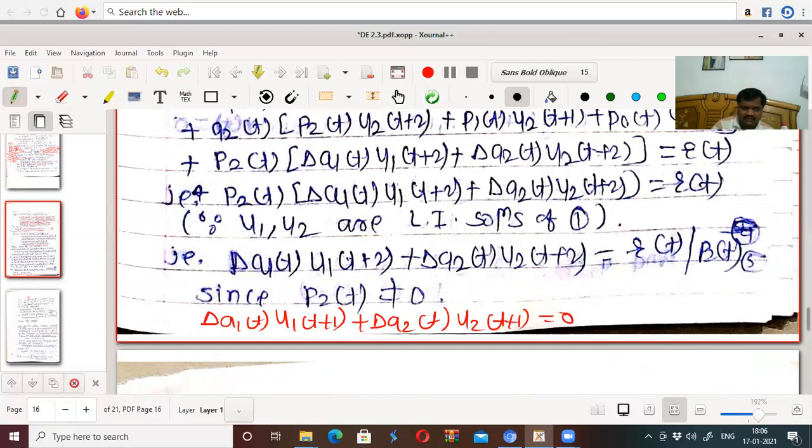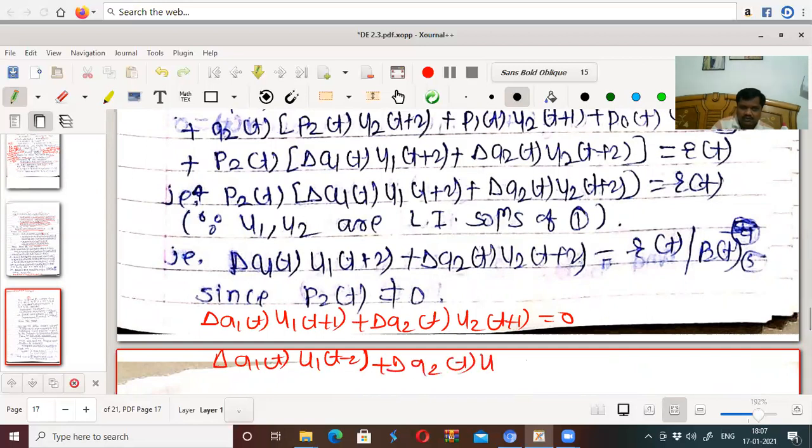And the second equation, delta a1t u1t plus 2 plus delta a2t u2t plus 2 equal to rt upon p2t. So if a1t and a2t satisfy these two equations, then yt given by a1t into u1t plus a2t into u2t is the solution of the non-homogeneous equation.